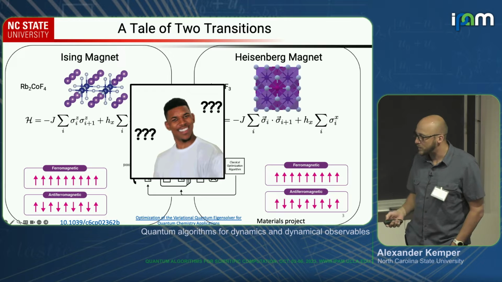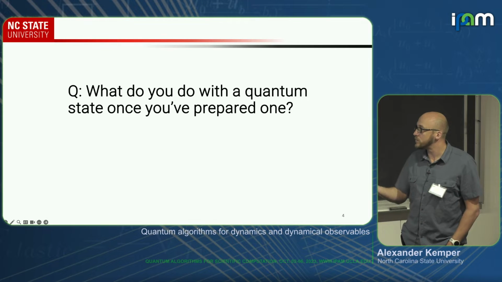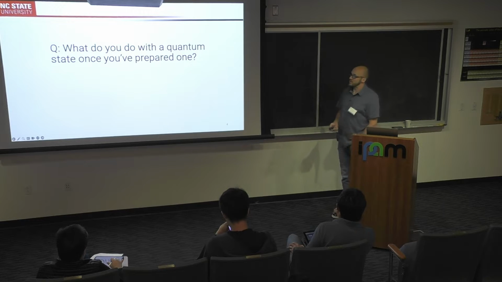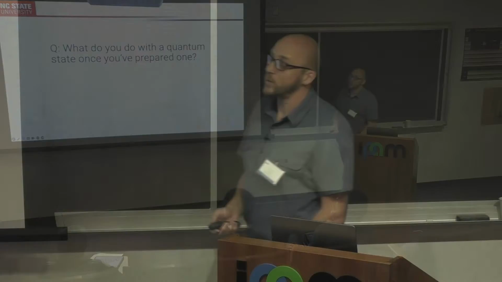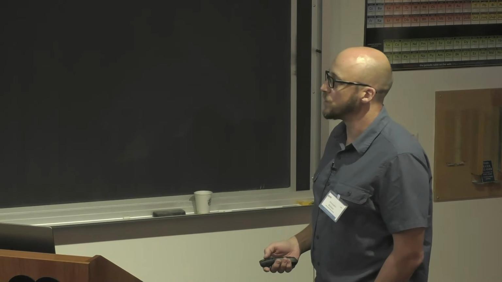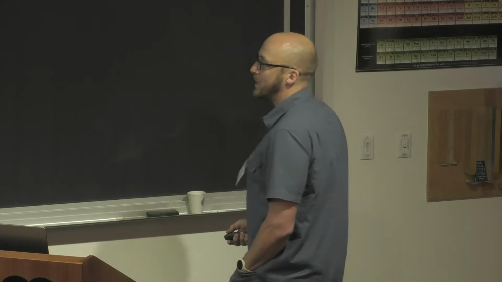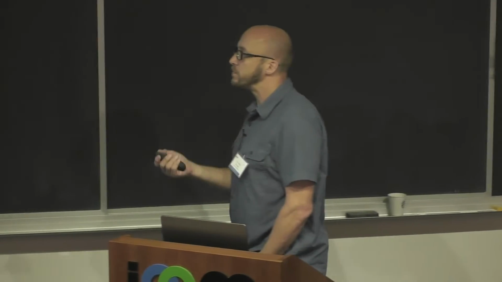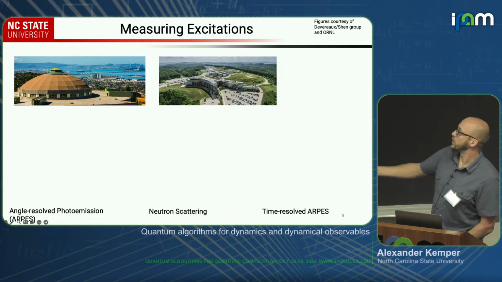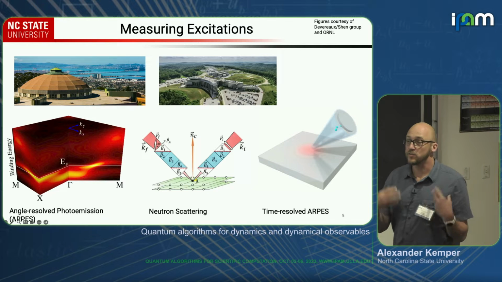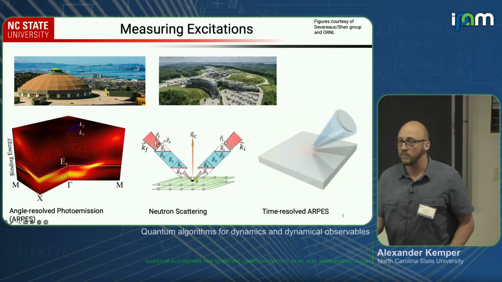So how do you tell the difference? Well, this was actually a question that Andras asked yesterday. It was already on my slides before that. And the question is, what do you do with the quantum state once you've prepared one? And the answer is what you do is you measure its excitations. Why do you want to do this? Well, among other things, your colleagues that are physicists and chemists at various labs, beamlines, whatever, in this case Berkeley and Oak Ridge, do a whole host of experiments on interesting quantum materials, whether they're chemistry, whether they're physics, right?